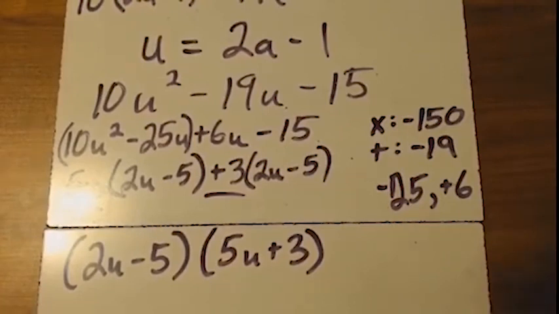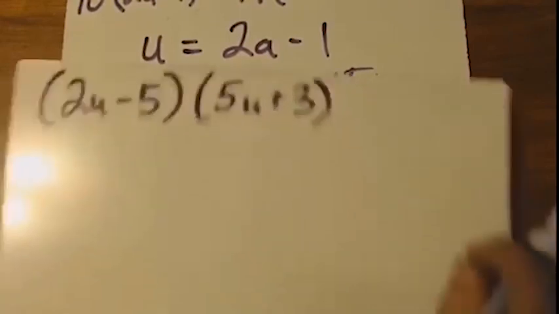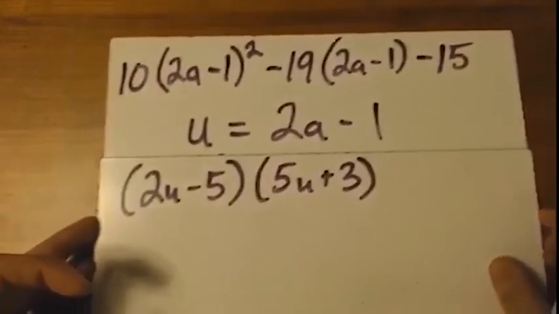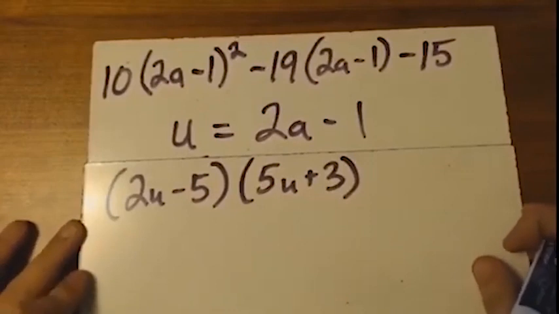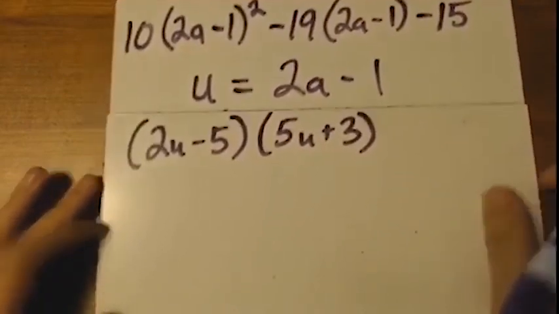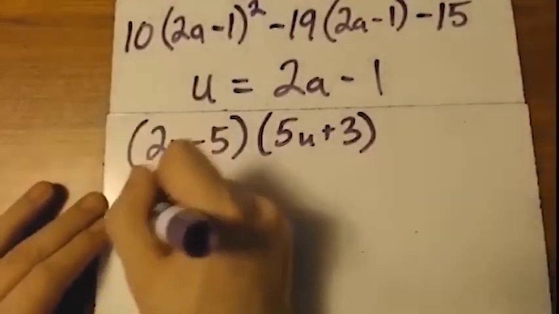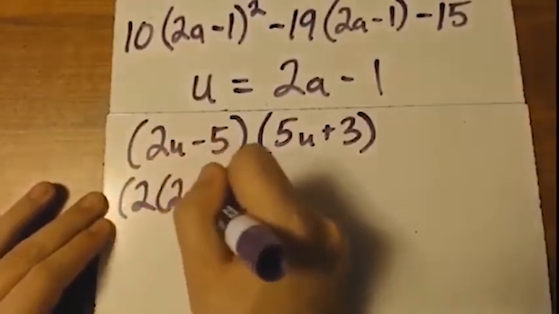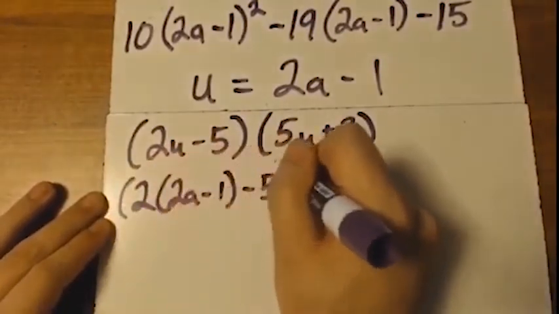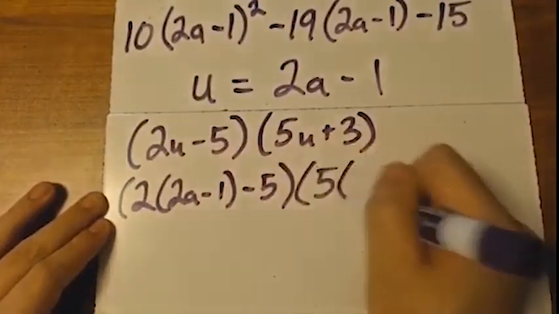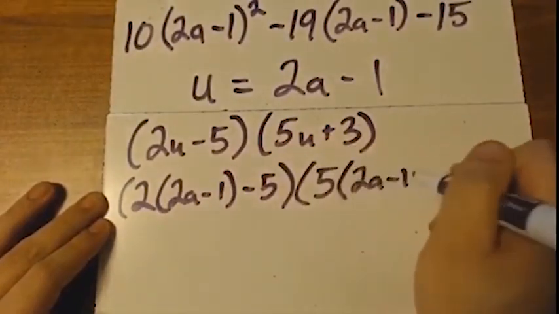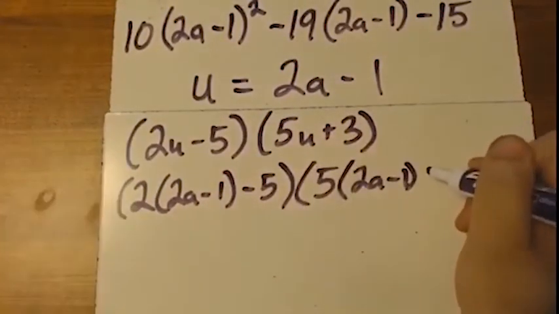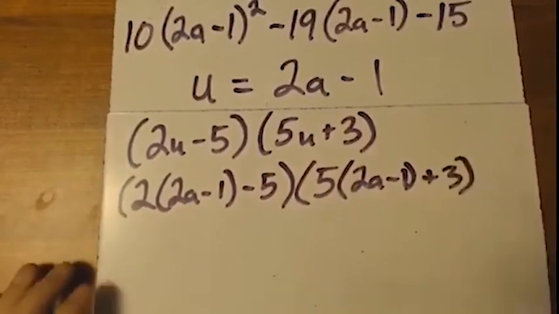No, our problem had to do with a's. U equals 2a minus 1. So I'm replacing u with 2a minus 1 in parentheses.